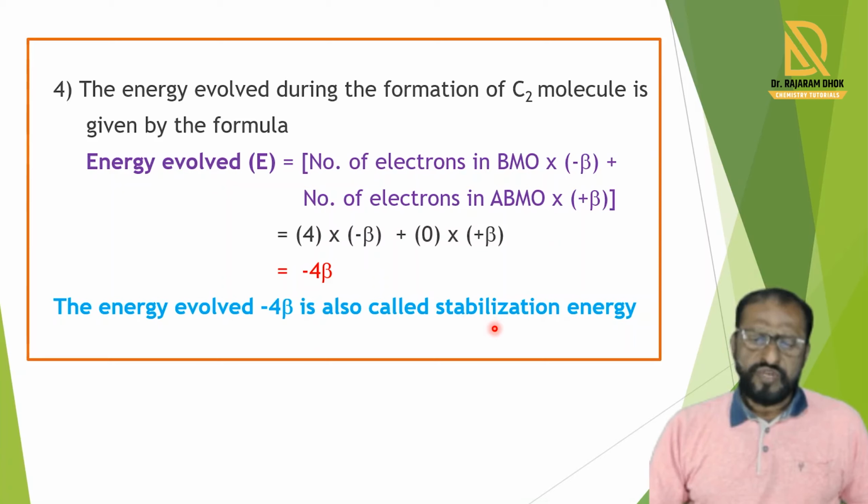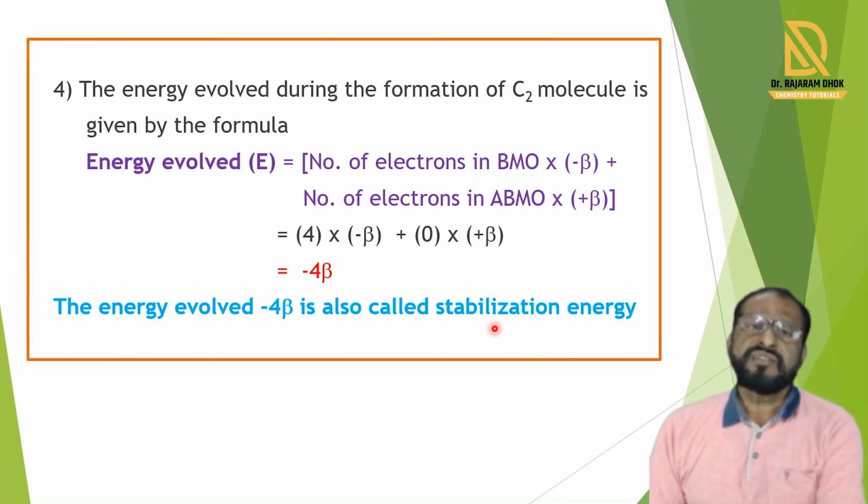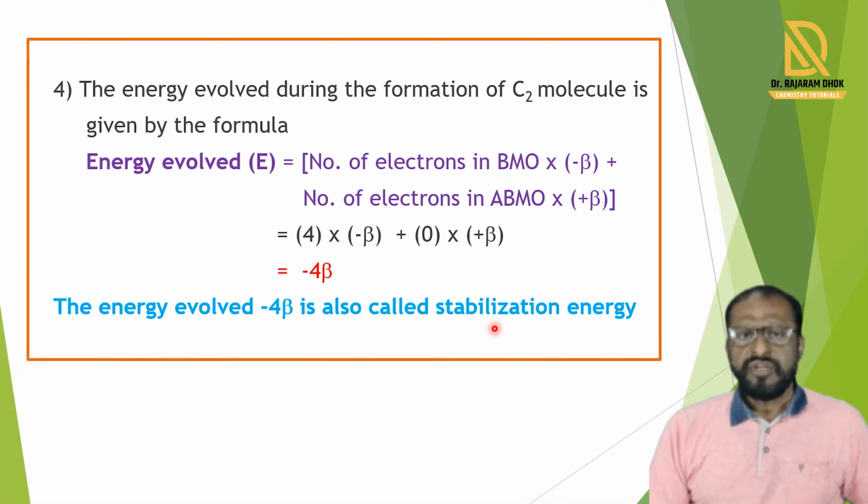It means that here the minus 4 beta value is greater than that of the lithium molecule. So we say that the C2 molecule is more stable, or its stability is higher than other molecules which contain minus 2 beta or minus 3 beta energy.